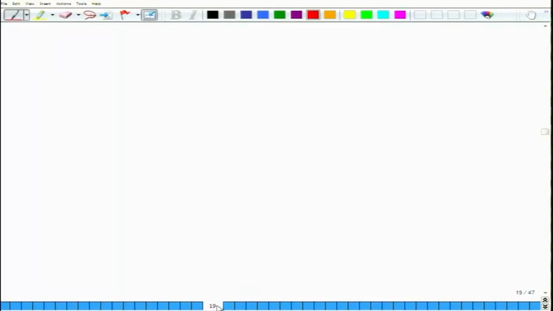Next, what we will do is we will do an example. So, what do we want to do here? We have a unidirectional lamina, and the fibers are in this direction.